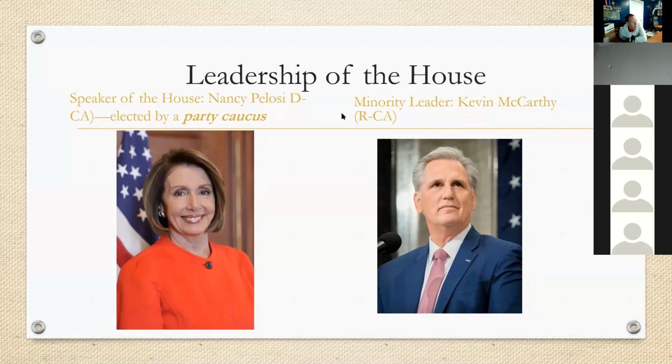He's a white male, but he's the minority leader because his party is in the minority. Nancy Pelosi's job is to make sure that legislation gets passed. Kevin McCarthy's job is the opposition, to make sure that legislation doesn't get passed unless his party's in favor of it.